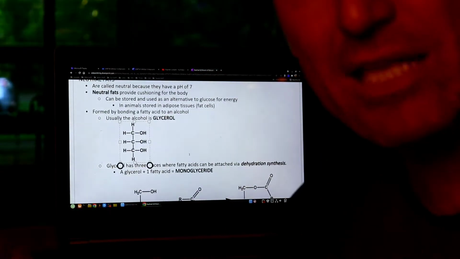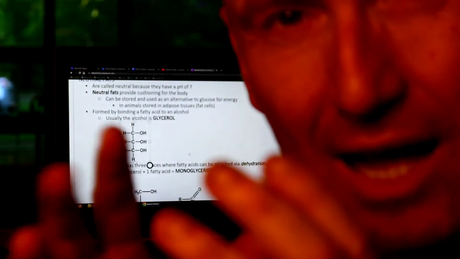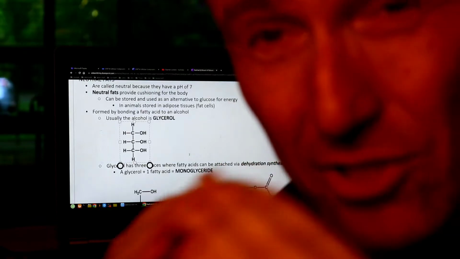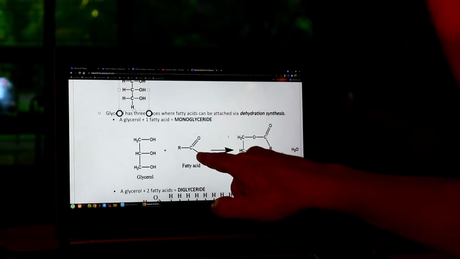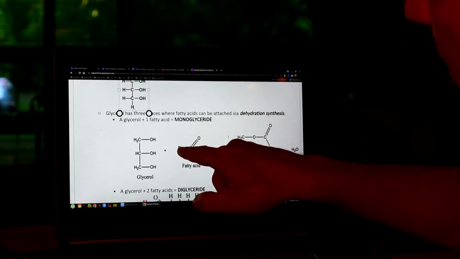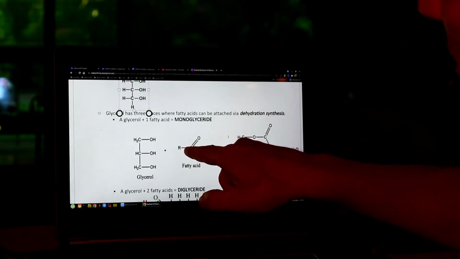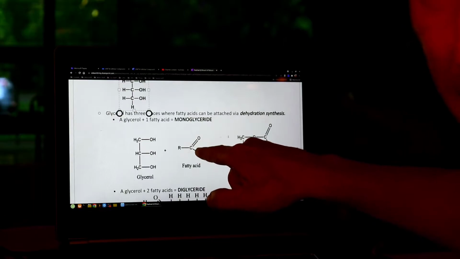And when you see these OHs, remember, that's where we can do dehydration synthesis, right? We could take a fatty acid. So this is a fatty acid, and here the long chain is represented by R, that long hydrogen chain.